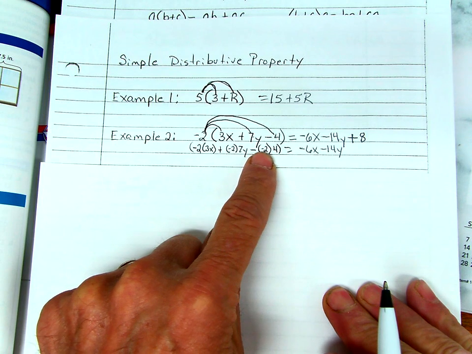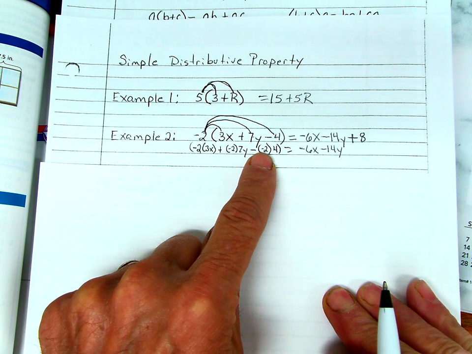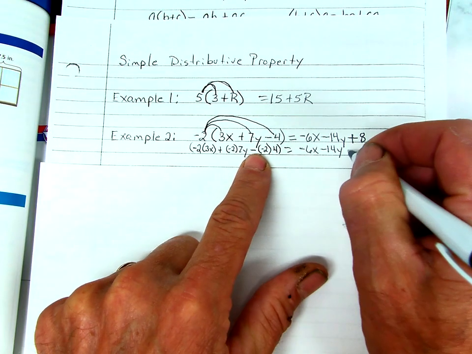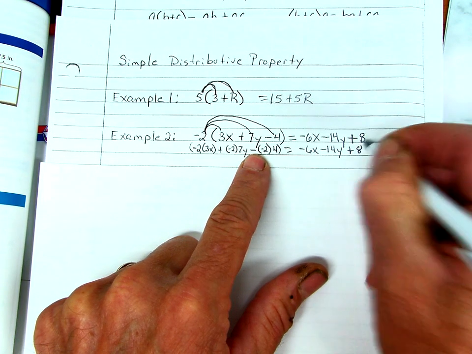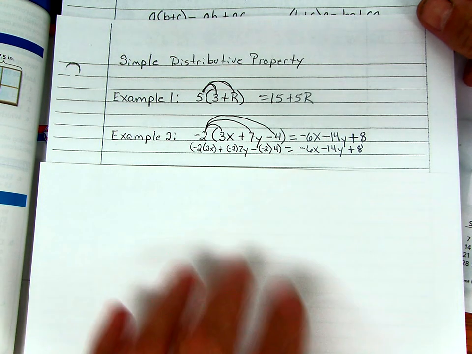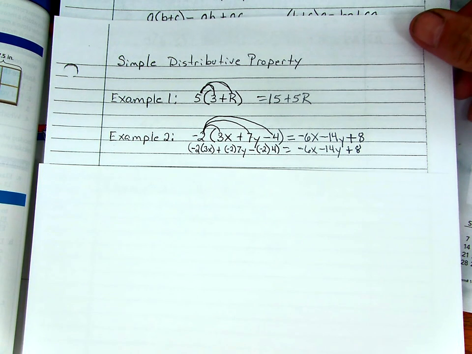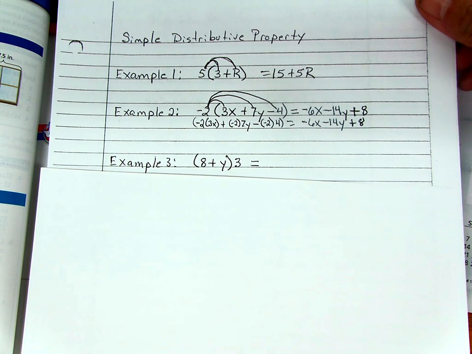Minus negative 2 times 4. A negative and a negative give you a positive, so plus 8. Same answer. I prefer doing it with the loops. It's easy to miss something doing it this way, but it's your choice whichever way that you want to do it.